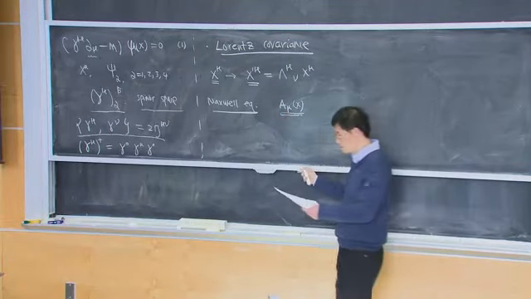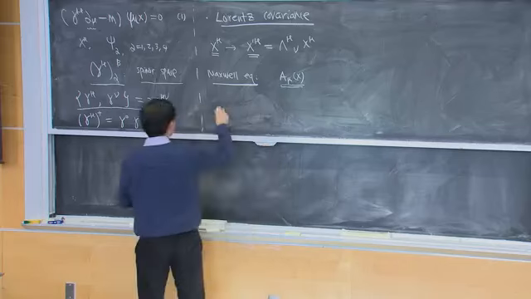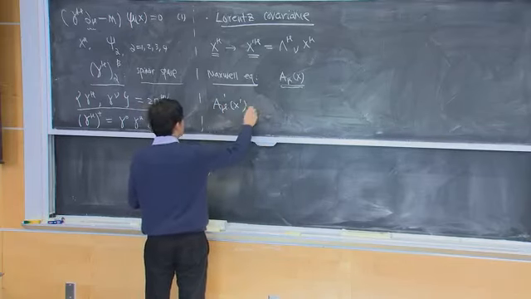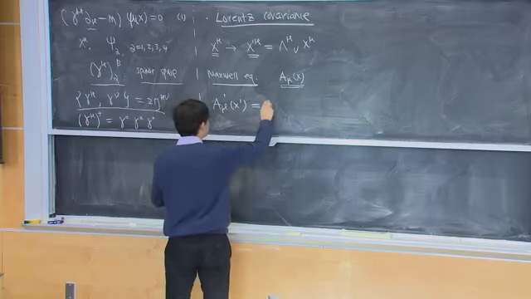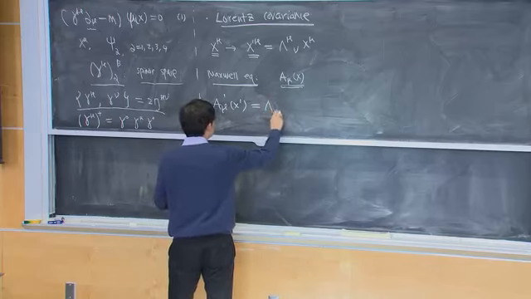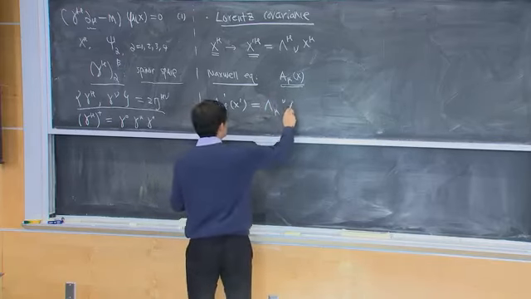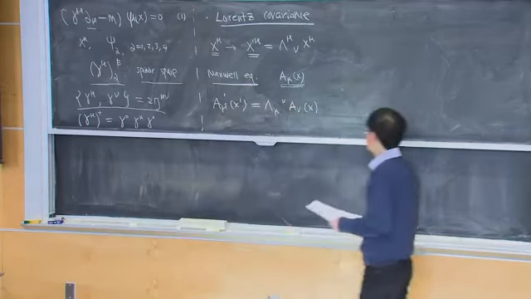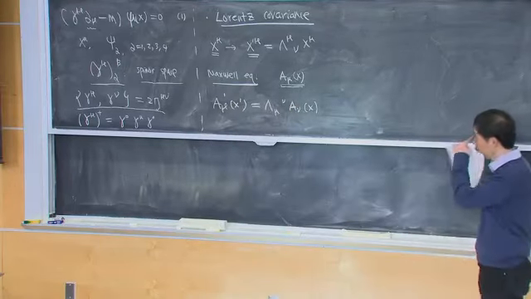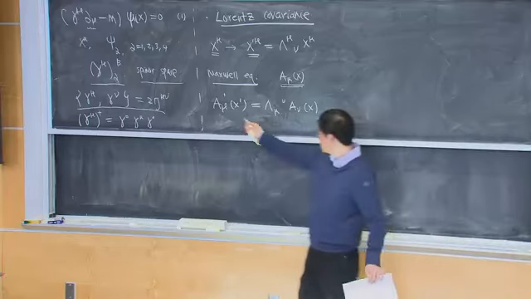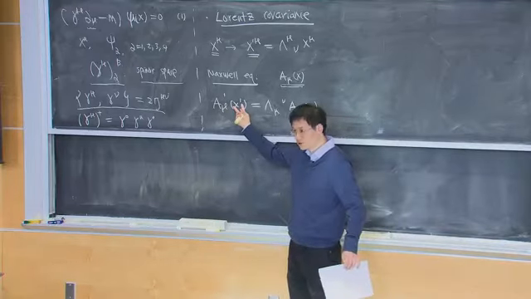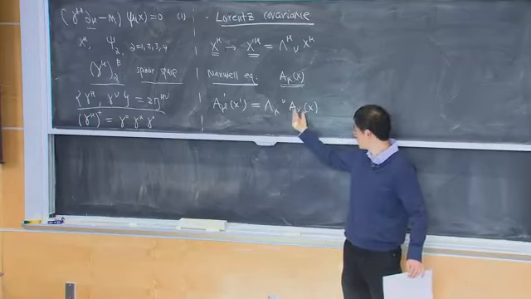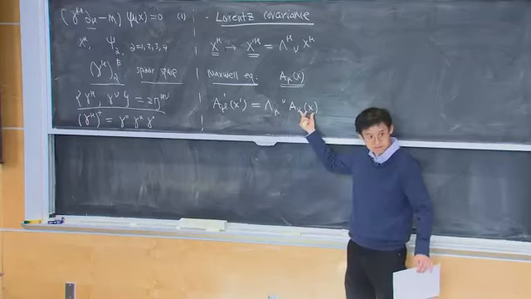So when you go to a new frame, A^μ transforms as A'^μ(x') = Λ^μ_ν A^ν(x). Here A^μ evaluated at the new position can be written as a linear superposition of the values at your original position.